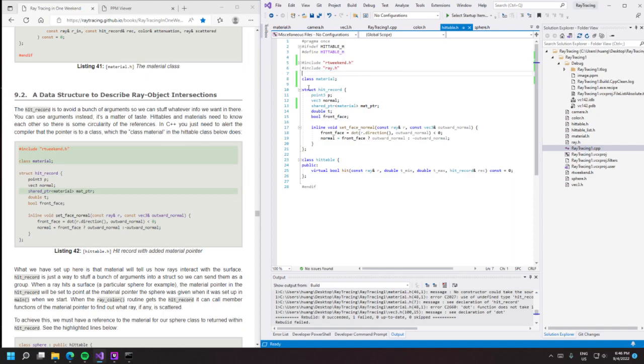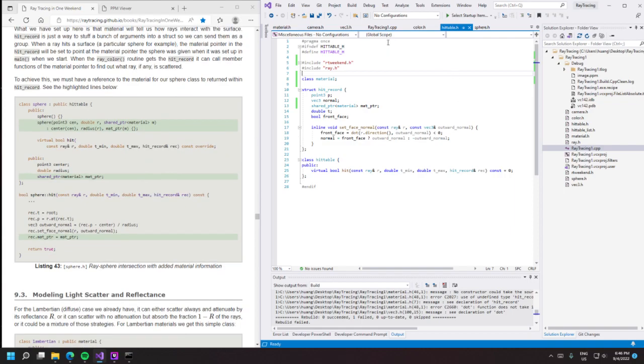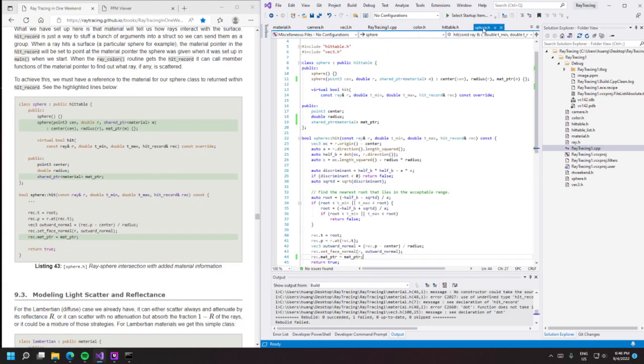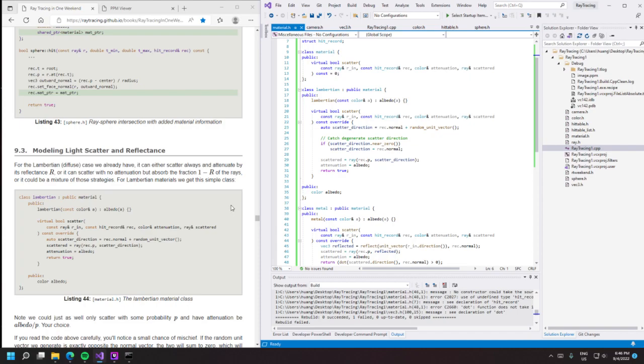Not sure if we should still know the ray now, but I guess it doesn't hurt. And the sphere, just this part is changed, and the pointer is added here. I don't think there's a problem with the sphere. It's mostly the materials, I think.